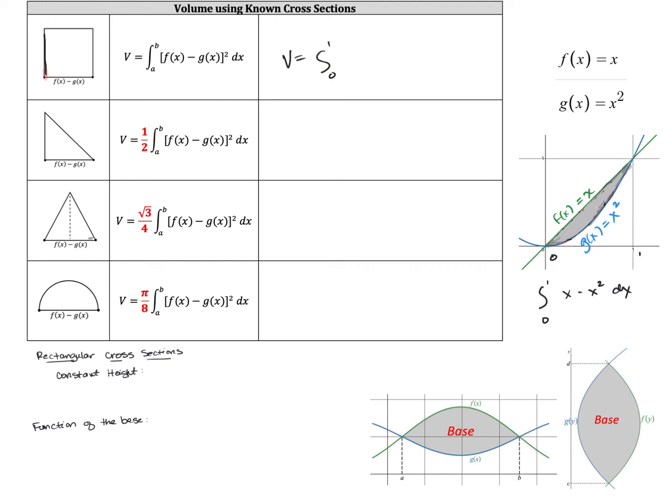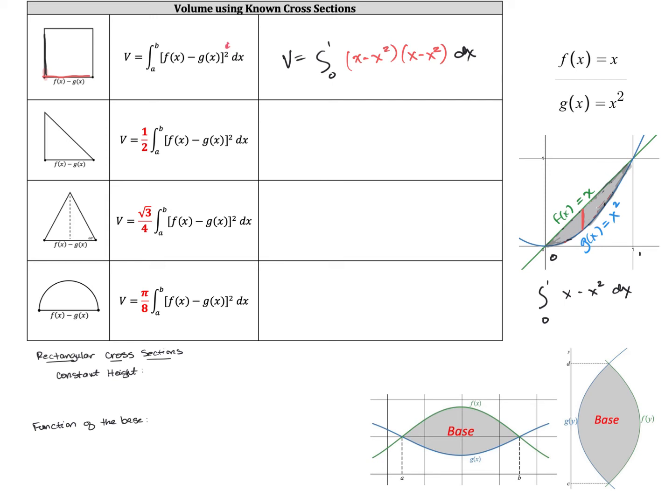So here's the height that we need, which is going to be the base of the square, which is also the height. And to get that length, it is just x minus x squared. And we square it because this is the base and this is the height, x minus x squared dx. So it's easier just to write x minus x squared squared. So that's where the squared comes from.